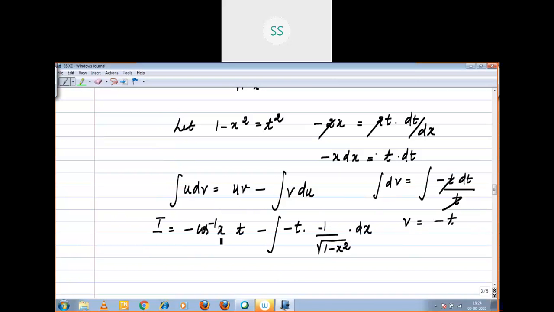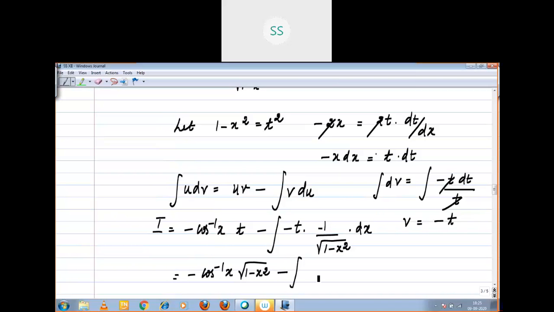Got it, children? See here the variable in terms of x, here it is in t, that you want to change. How to change? Minus cos inverse x. The t can be replaced by root of 1 minus x square. Minus into minus plus.